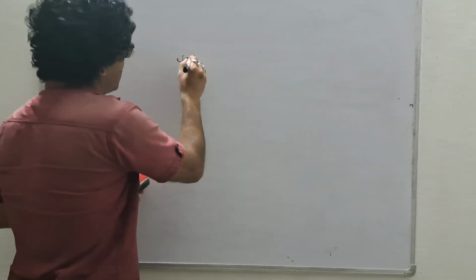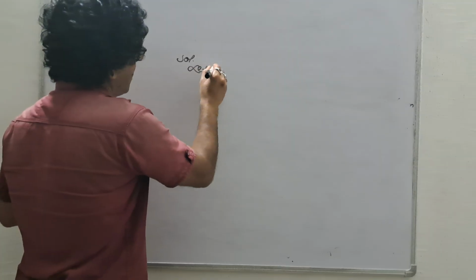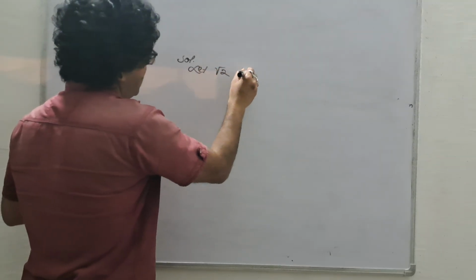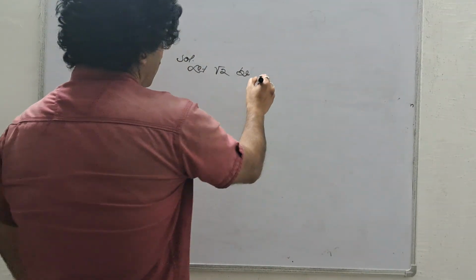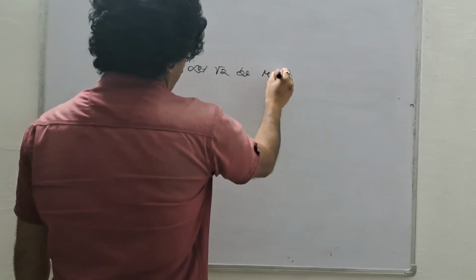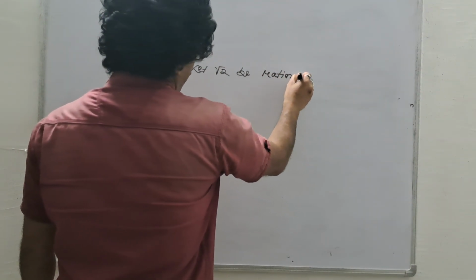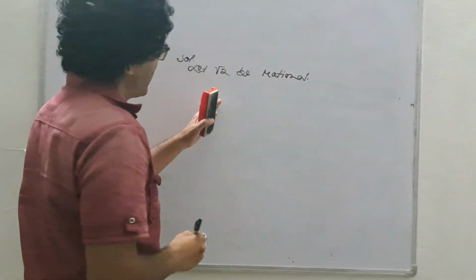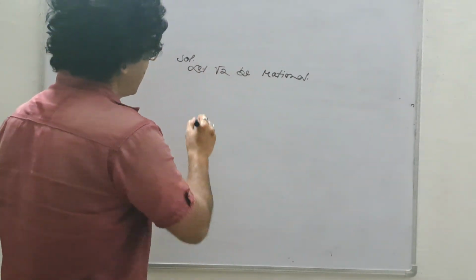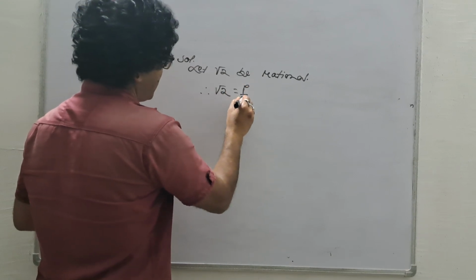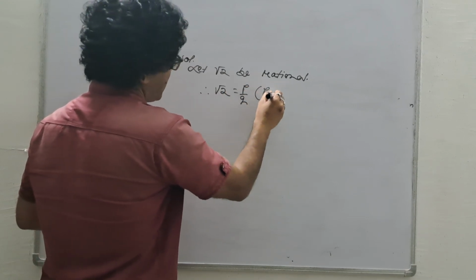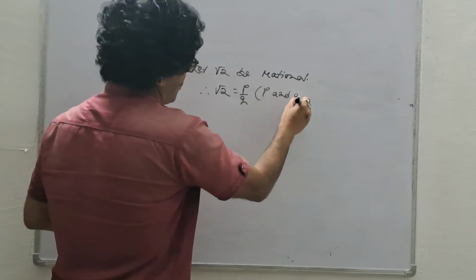Now solution. Let root 2 be rational. We have to prove it is irrational. We let root 2 be rational. Since root 2 is rational, root 2 can be written in the form P by Q, where P and Q are co-primes.